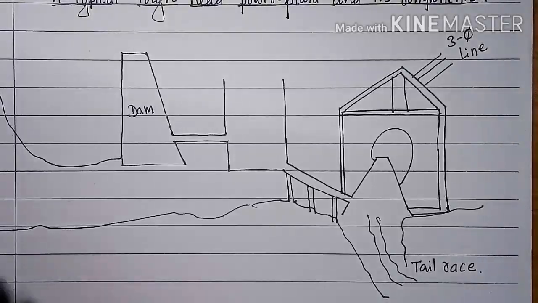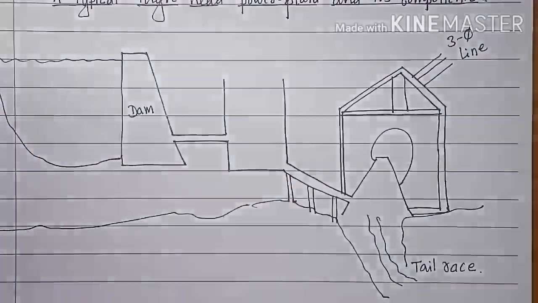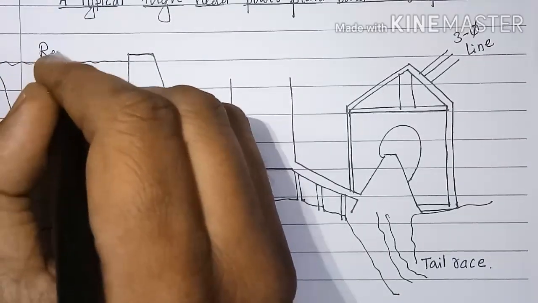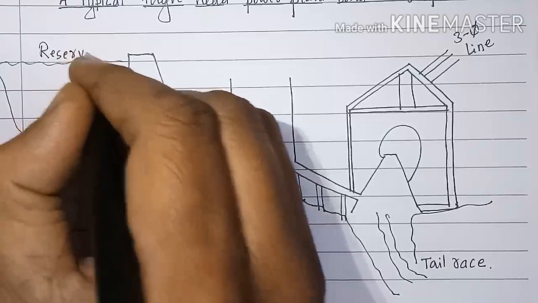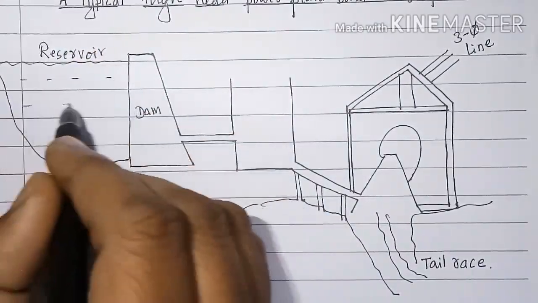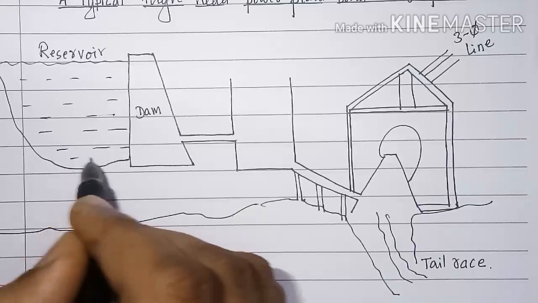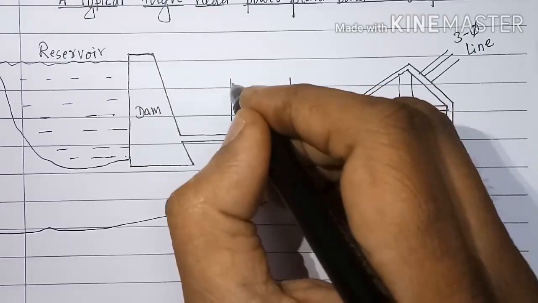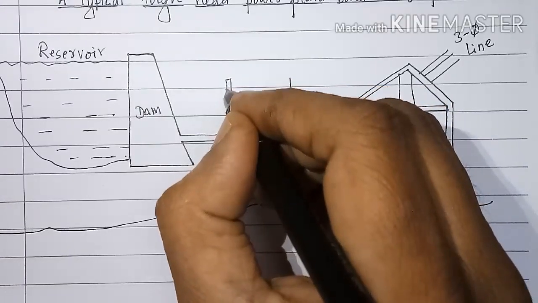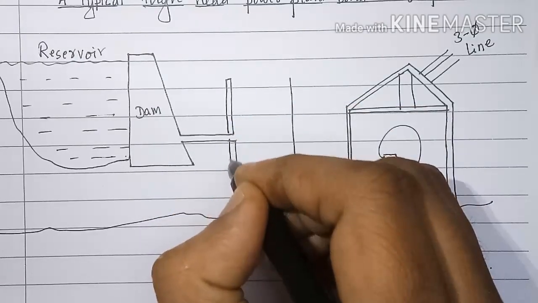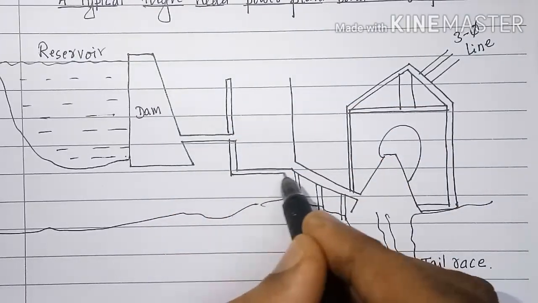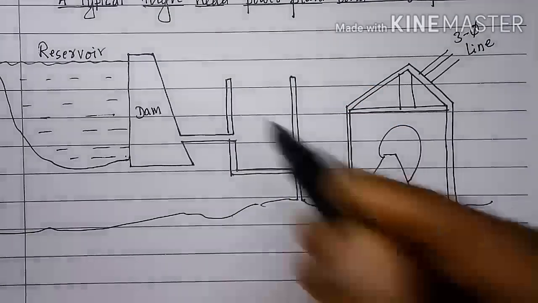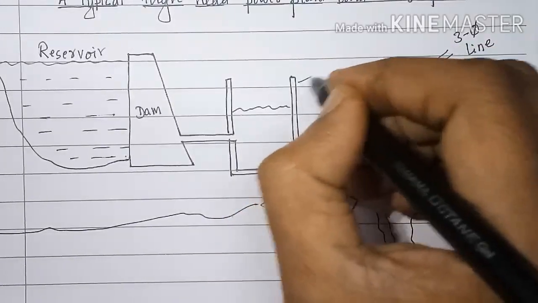This is dam here. Water behind the dam, we call it as pondage. Surge tank.